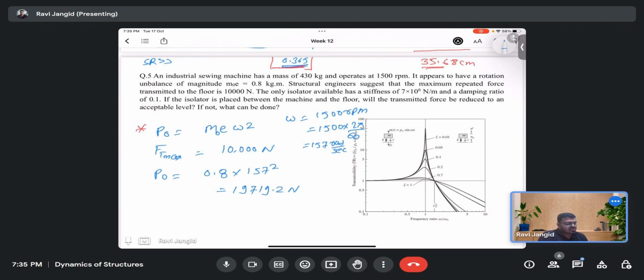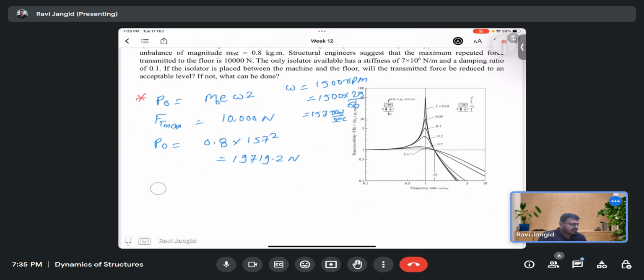So what is my transmissibility? Transmissibility is the maximum transmitted force limit divided by P naught. So Ft is 10,000 and P naught is 19719.2 newton.